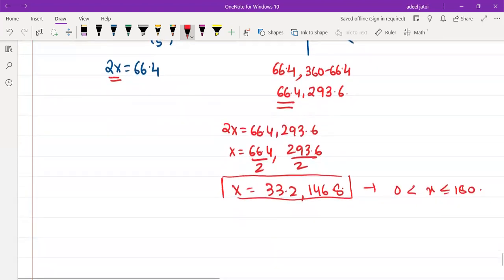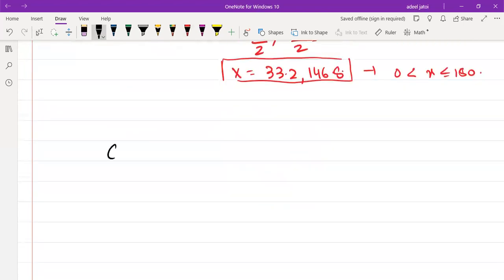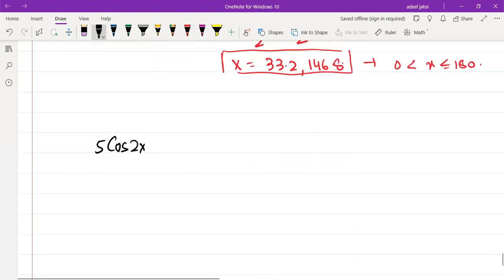Now, an example for the same question. The question was 5 cos 2x is equal to 2. Now I'm increasing the range, I'm increasing the range till what? 360.